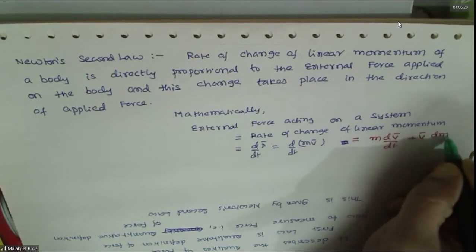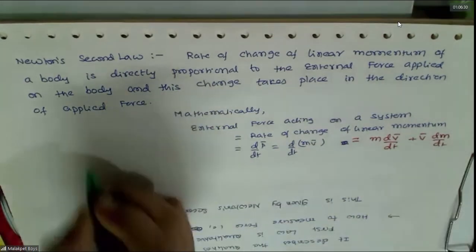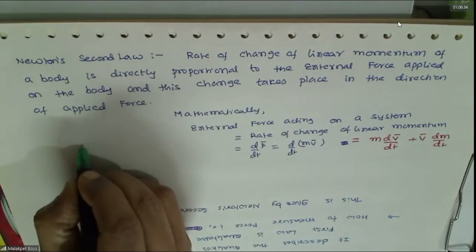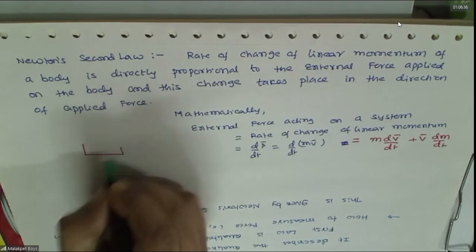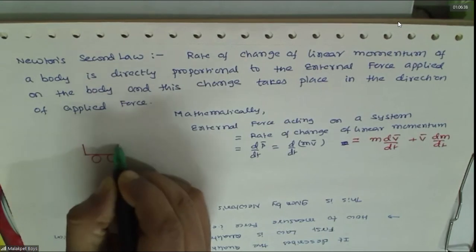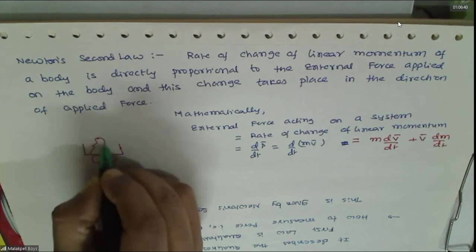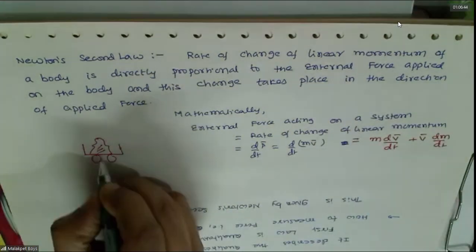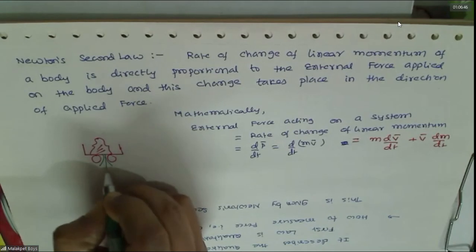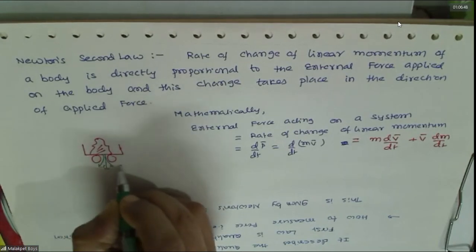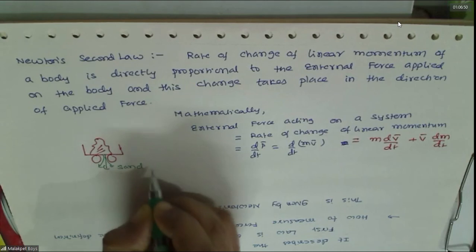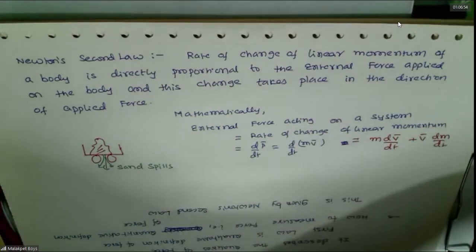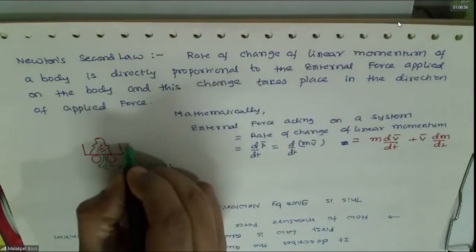For example, just note this down: there is a cart with sand on it, and there is a hole in it. Then what happens? Sand is falling, so it is a variable mass system.